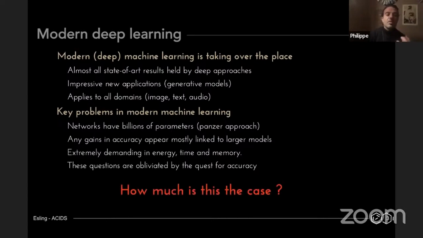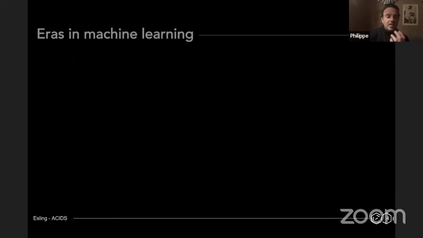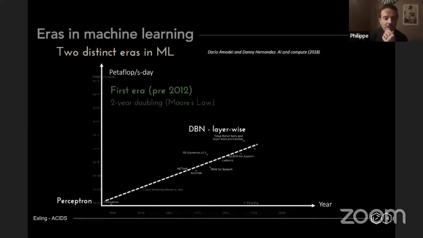So maybe you're saying, well, okay, this guy is a buzzkill, so how much is this the case? What I'm saying is that several studies have shown that there are several eras in the machine learning game. Before 2012, the evolution of the computation power used in machine learning was following Moore's law. Moore's law is that you double every 2 years, approximately.